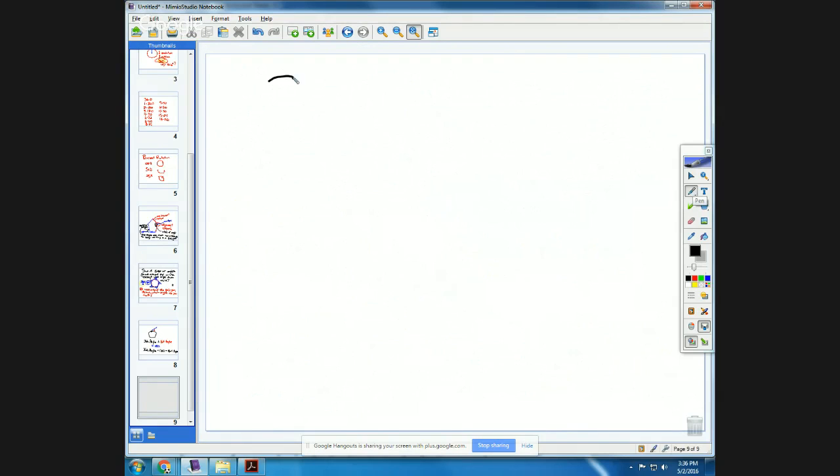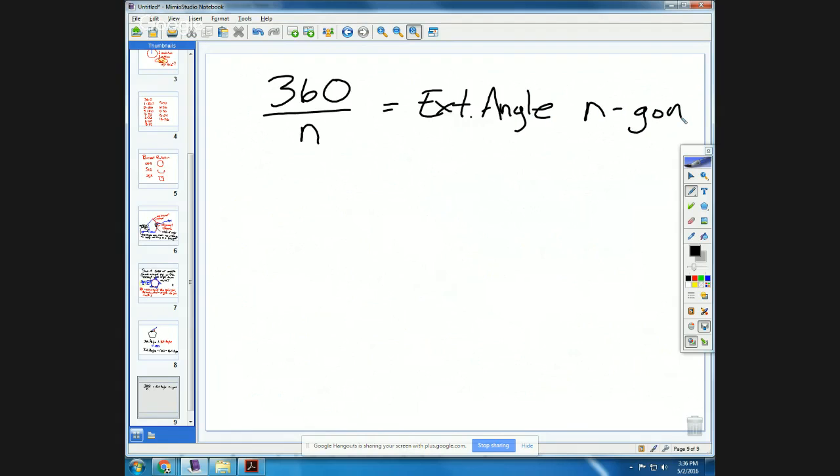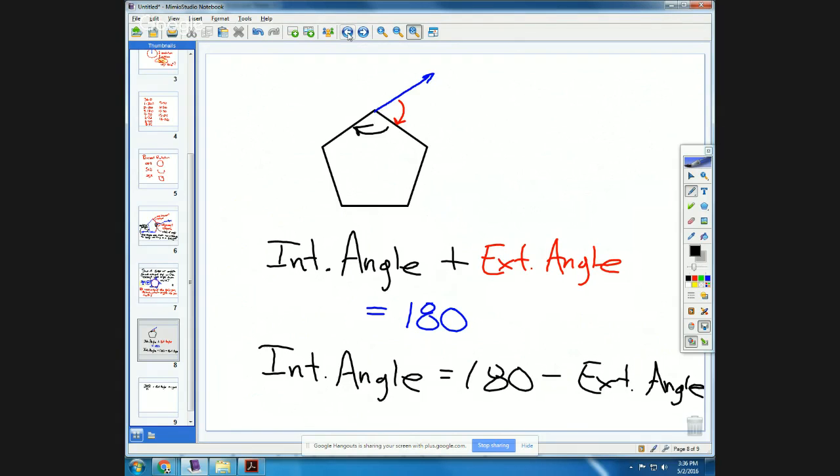So 360 over n is the measure of an exterior angle of an n-gon. We also know that the interior angle is always 180 minus the exterior angle. So let's throw that in.